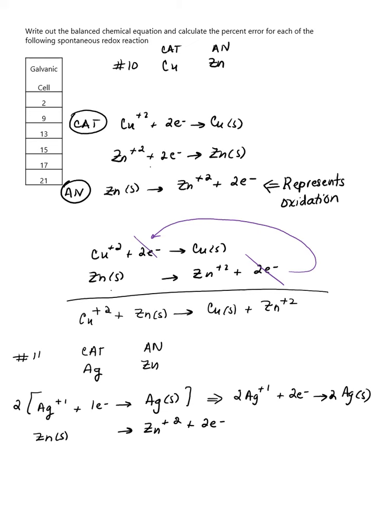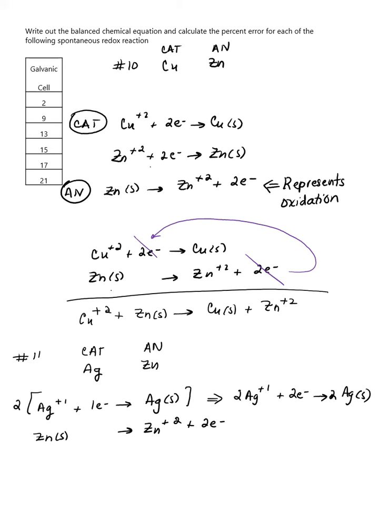So now your number of electrons is going to cancel out. You're getting 2 electrons from the oxidation of zinc, and those 2 electrons are being used up for the reduction of silver. But for you to use 2 electrons, you need to have 2 moles of silver ions. So each one will get 1 electron from the zinc. So now you can add your 2 reactions together because you have the same number of electrons.